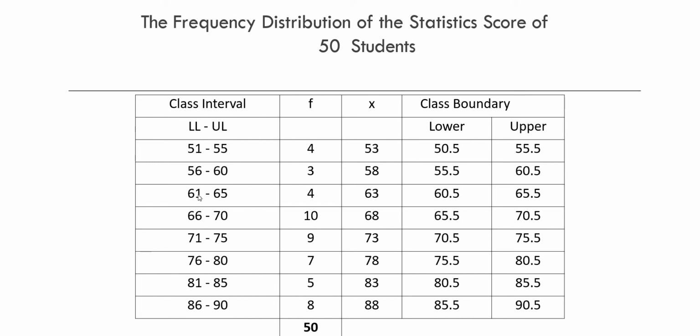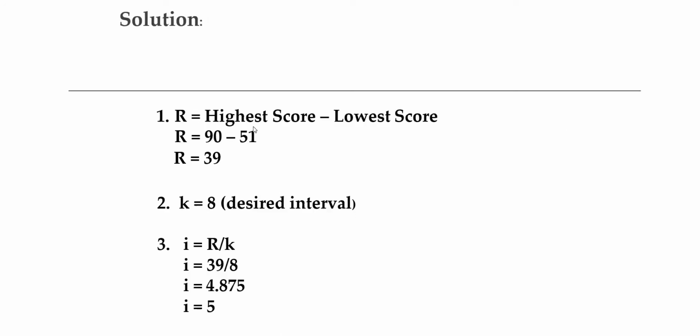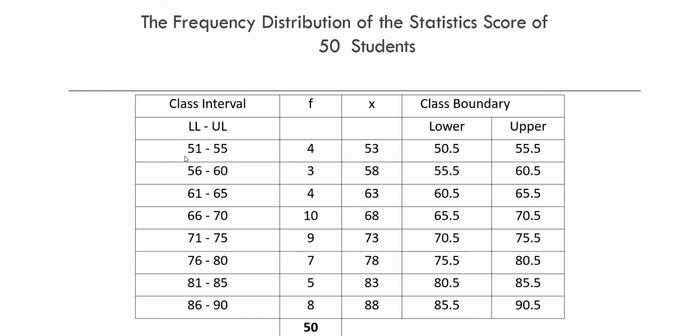Right? So this is our class interval: 51, 52, 53, 54, 55. You can see their gap is 5, which is usually what they call the range or the interval. Our interval is 5. Why? Because that is the I, or class size, that we computed. Okay? So this is 5.